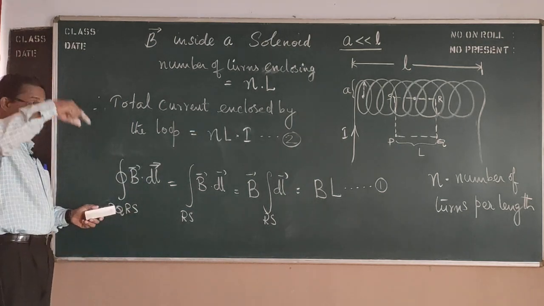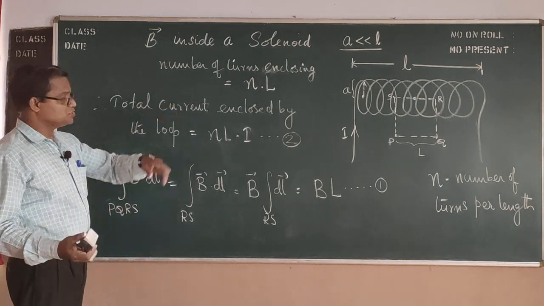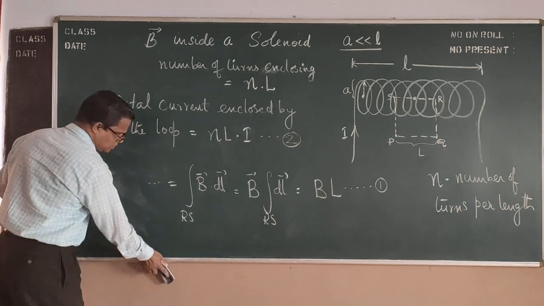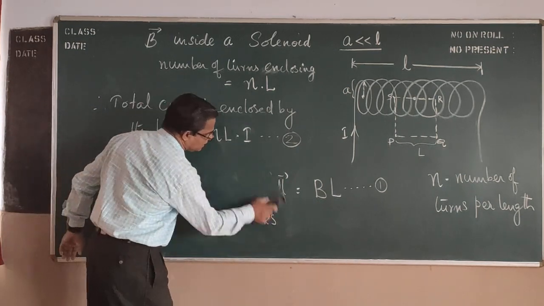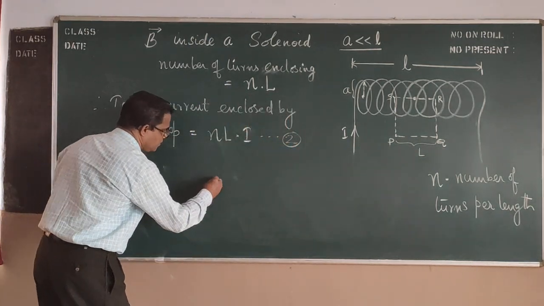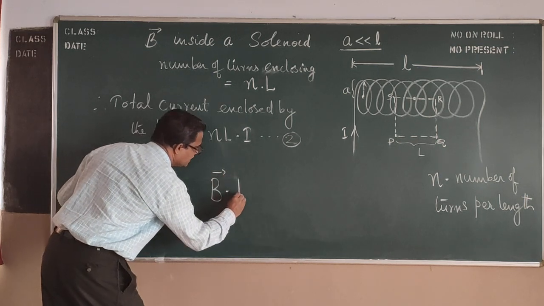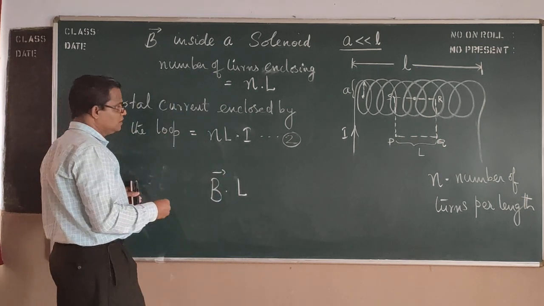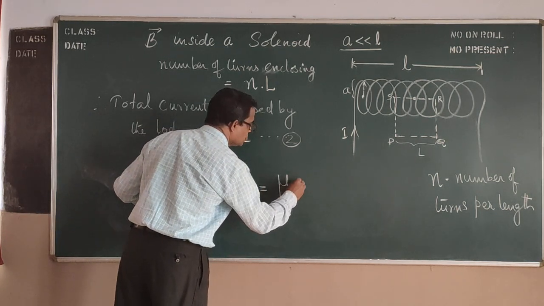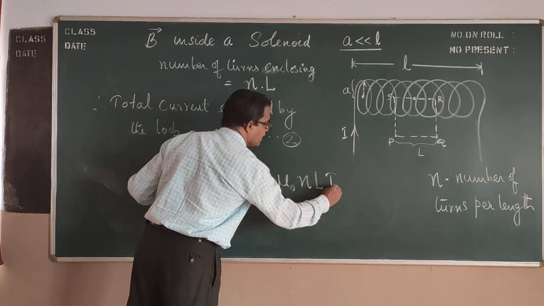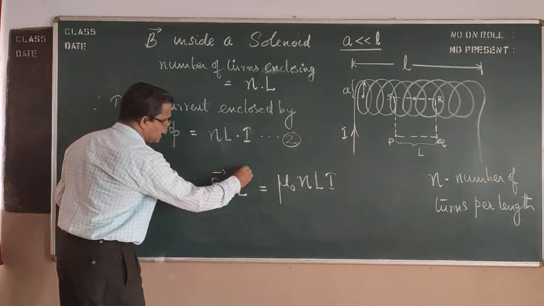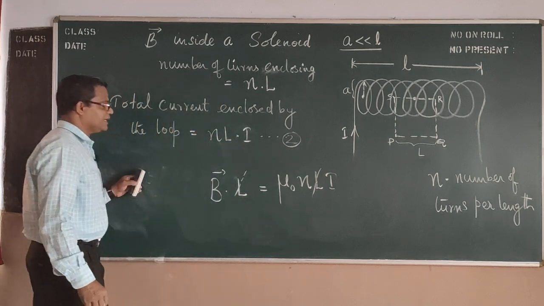Now put it into the first equation, Ampere's circuital law applied for this one. If I apply that here, you will get the equation B into L, this is the left hand side we got, will be equal to mu 0 times n into L into I. So this L and this L are the same, that cancels.